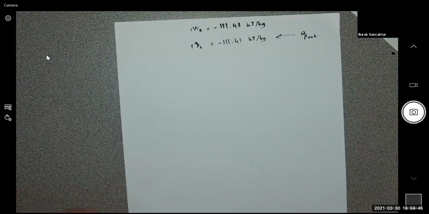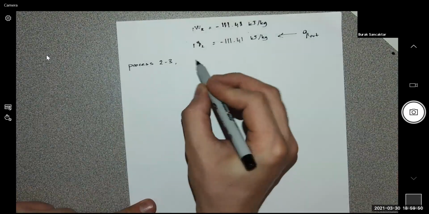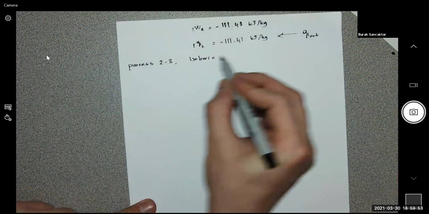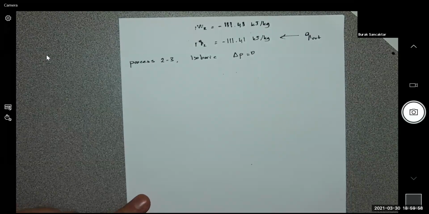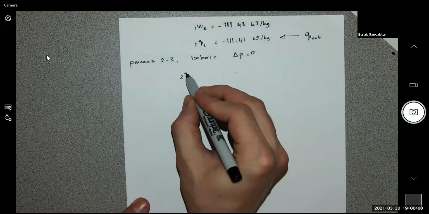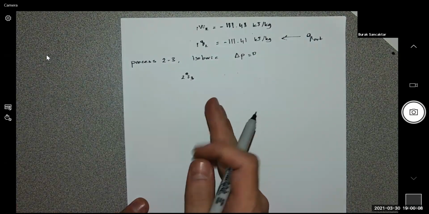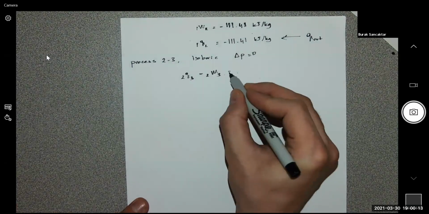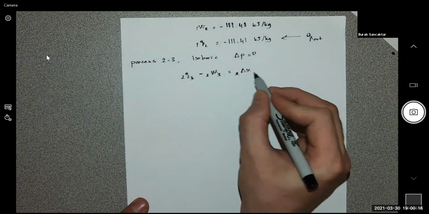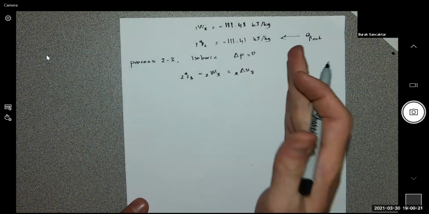Okay. So process from state 2 to state 3, right? Isobaric, where delta P equals 0. Okay. Energy equation for thermodynamics from state 2 to state 3: Q from state 2 to state 3 minus work from state 2 to state 3 equals internal energy, or stored energy inside the system, from state 2 to state 3.